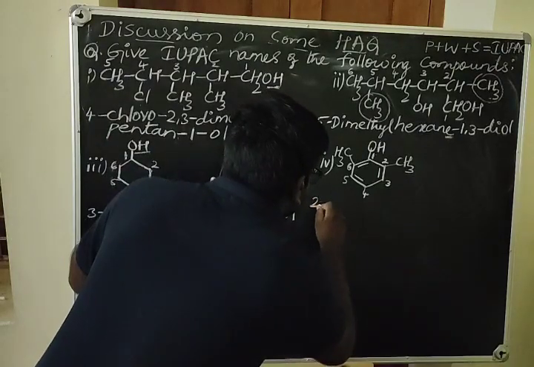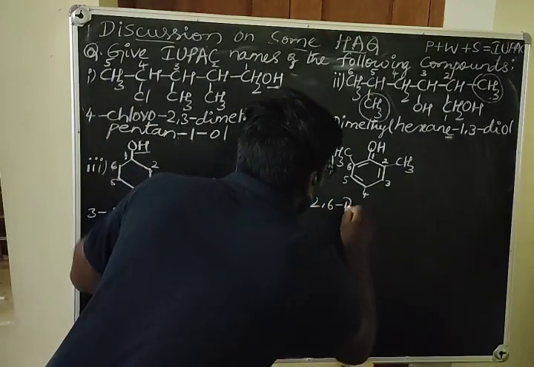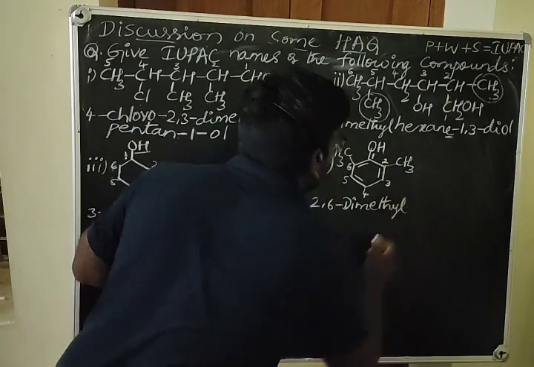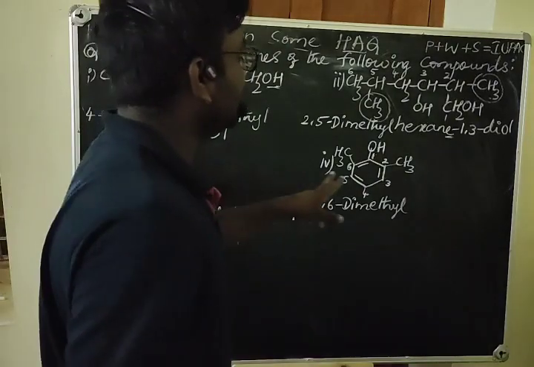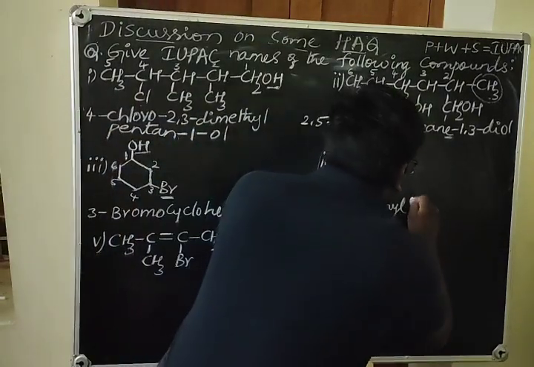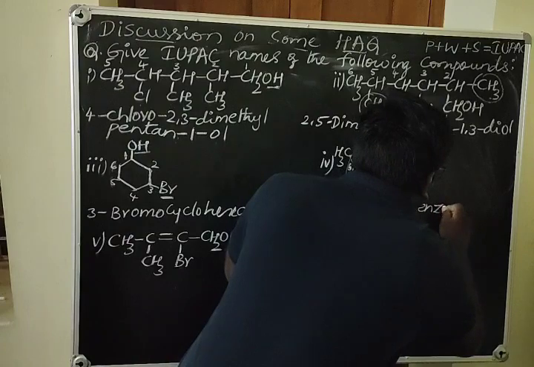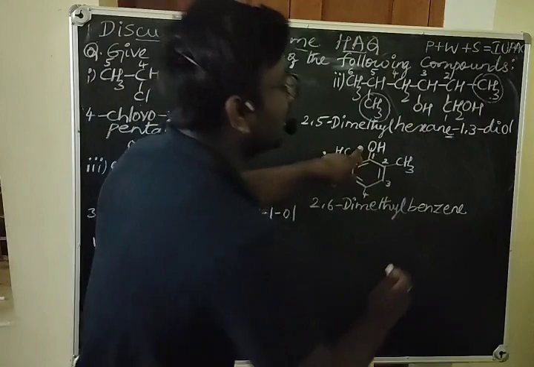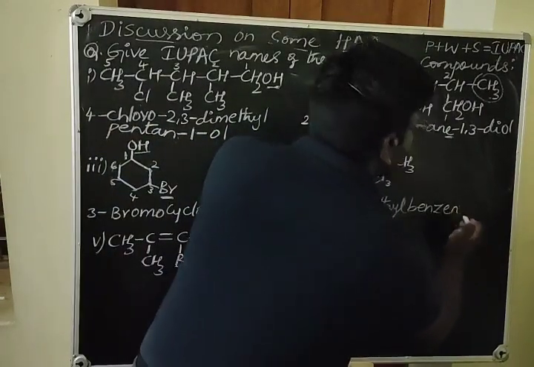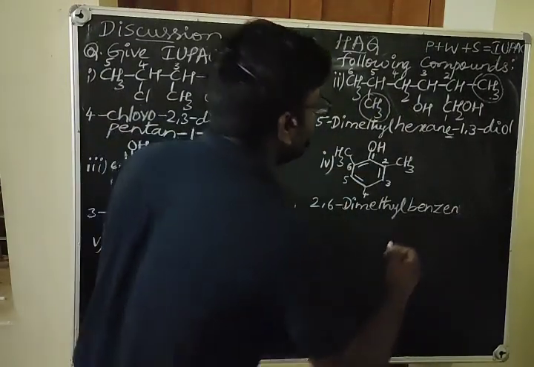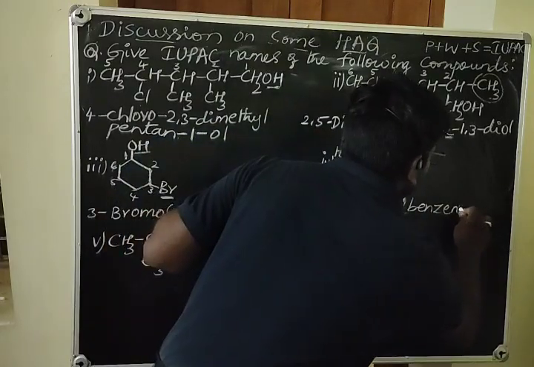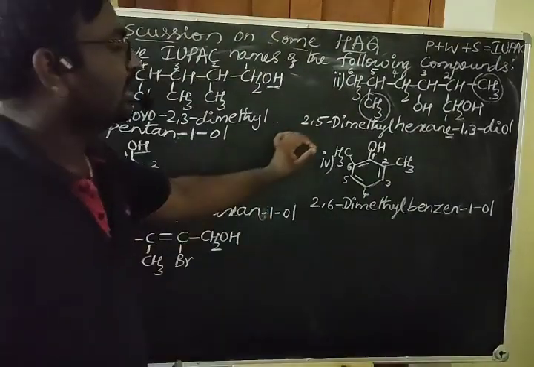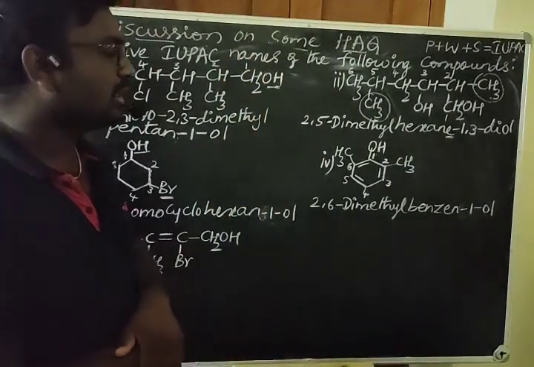Let's write the prefix 2,6-dimethyl, and the benzene. See, only one OH group is present. Now you have to replace this E with the suffix of the functional group, which is present on the first carbon: benzen-1-ol. This is the correct IUPAC name of the compound.